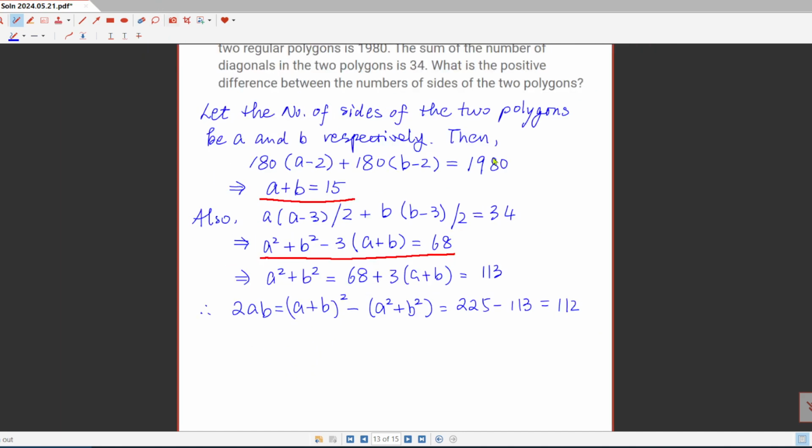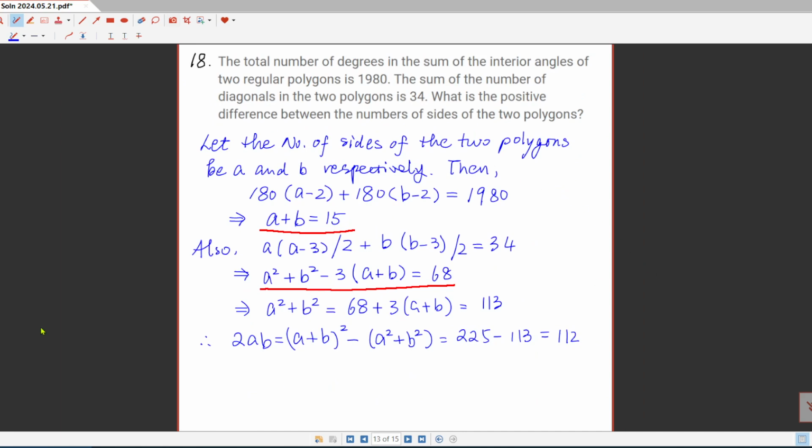So it's basically an algebraic problem. And we also know that a minus b squared can be calculated by using a squared plus b squared minus 2ab, right? And we know a squared plus b squared is 113 and 2ab is 112. So that equals 1, right?